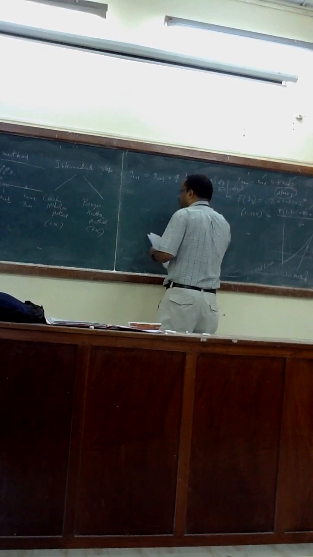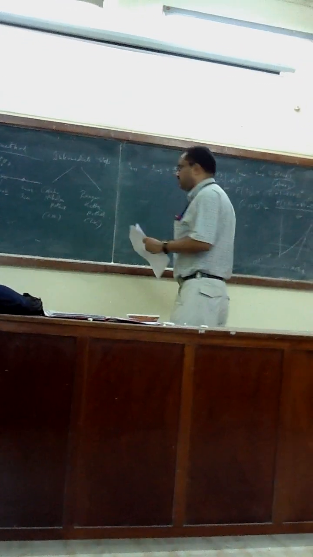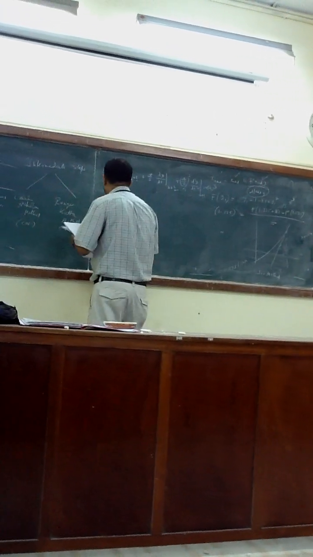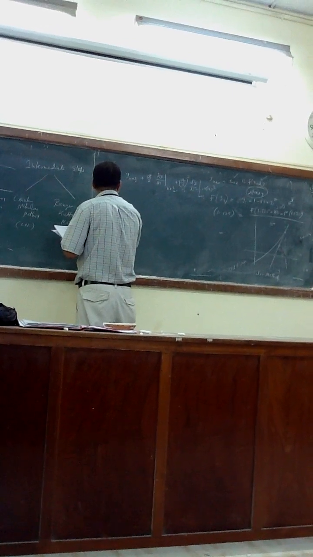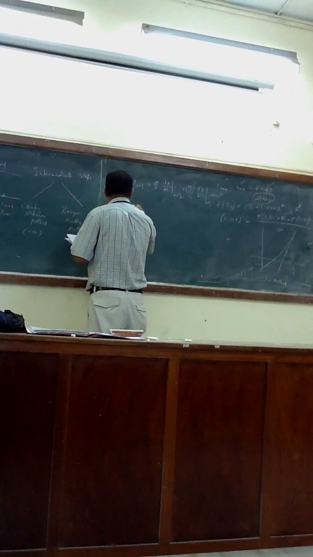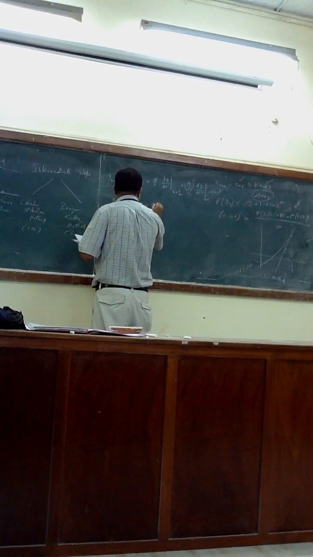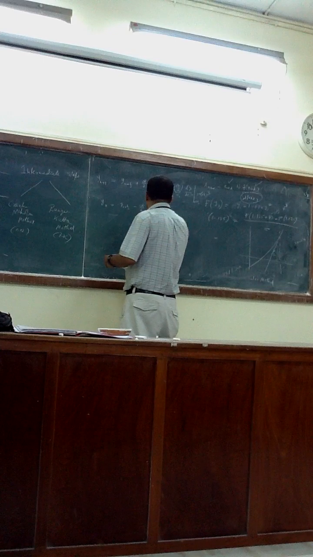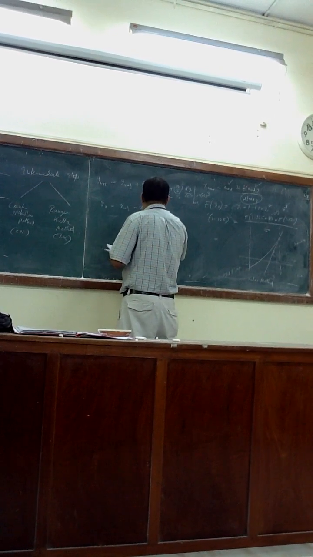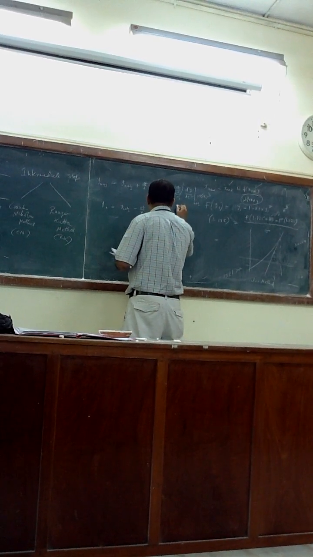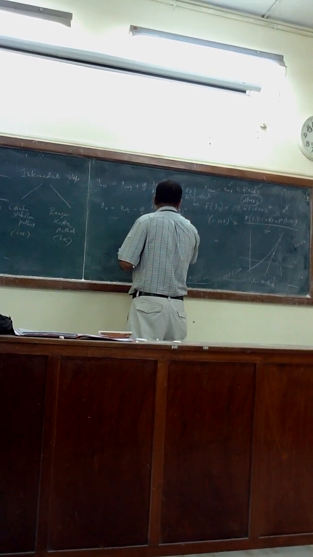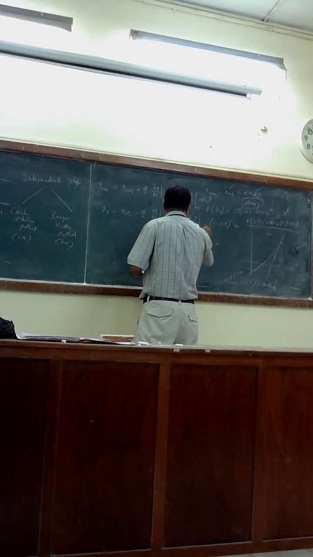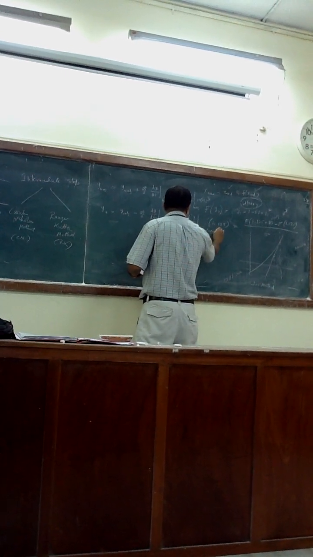Why I am writing it, we will show you later. I am just writing one extra term. If you have questions, have some patience, I will discuss. y_n equals y_{n+1/2} minus delta t by 2 times dy/dt at n+1/2, plus (delta t by 2) squared by 2 factorial times d2y/dt2 at n+1/2, plus the same order term.